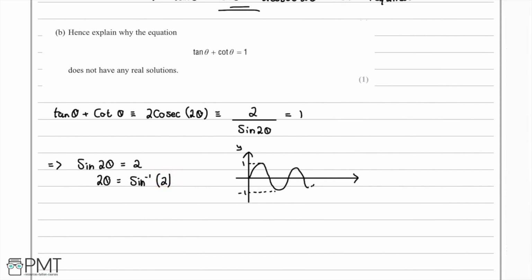So we know that sine is only going to be defined for negative 1 less than or equal to sine 2 theta less than or equal to 1. But we're looking for it being equal to 2. But we know this will never happen because 2 is greater than 1. So since 2 is greater than 1, the 2 is out with the range of the sine 2 theta. So this means that no solution exists.